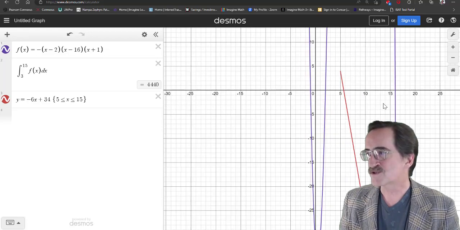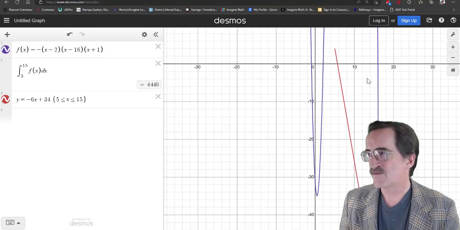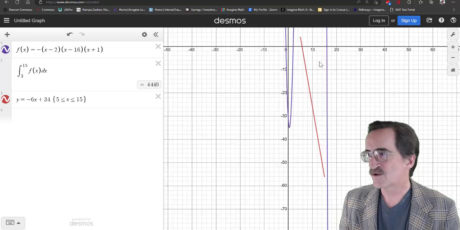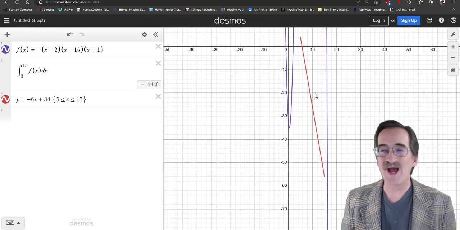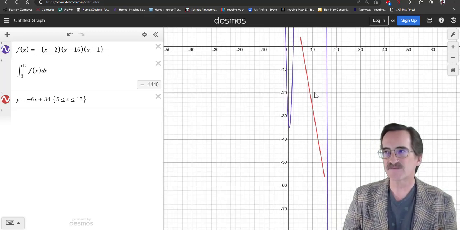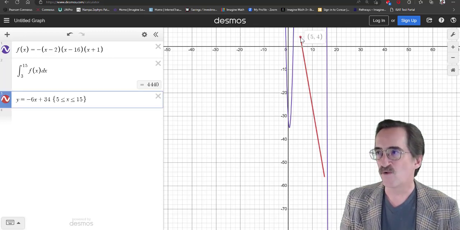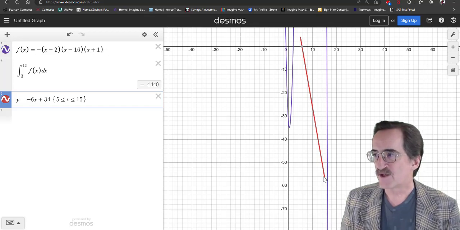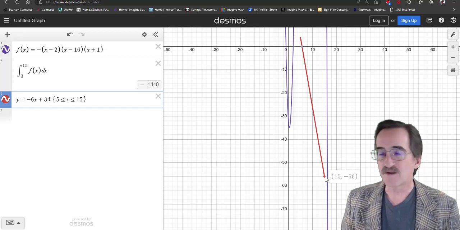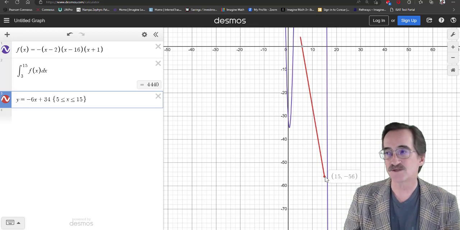Now what we're concerned with here on this boundary is the maximum absolute value. The endpoint here is our absolute maximum of 4. But the absolute value without regard to sign, negative 56 has a greater magnitude.